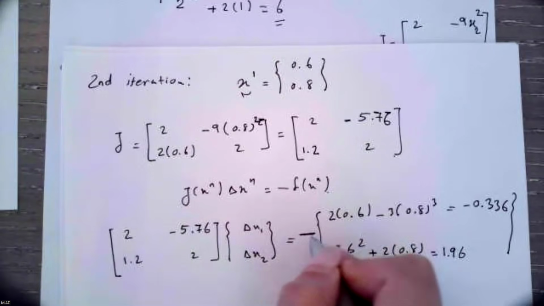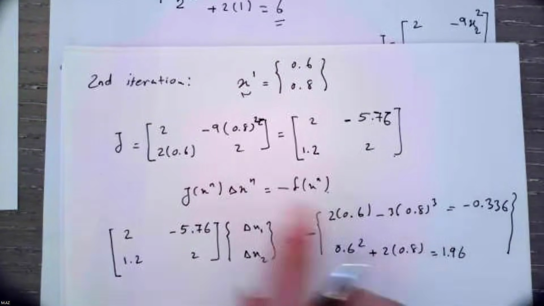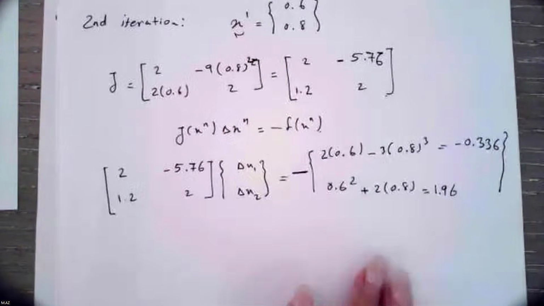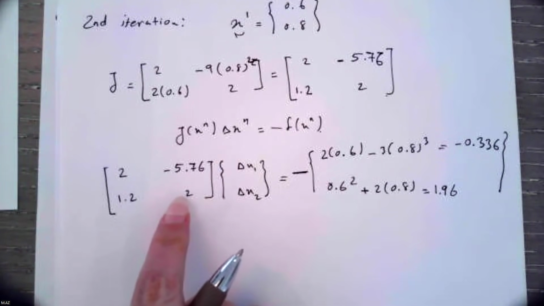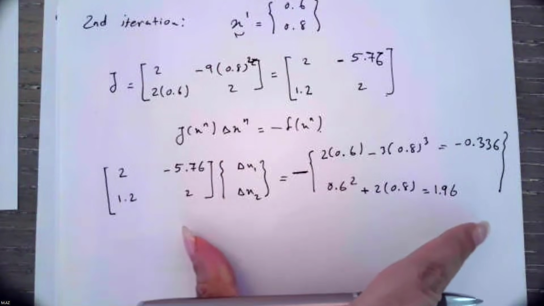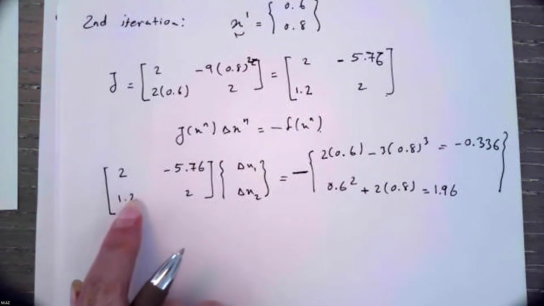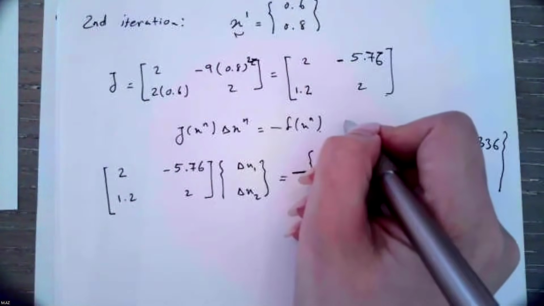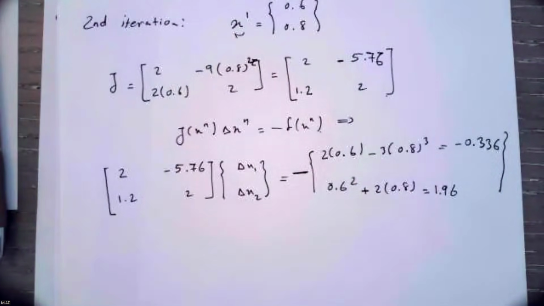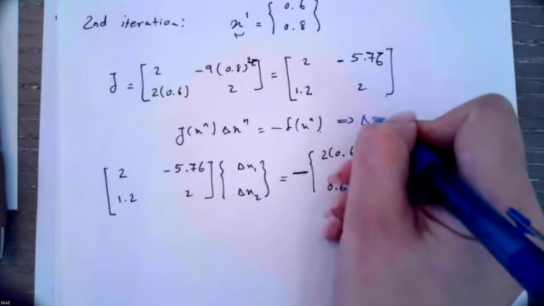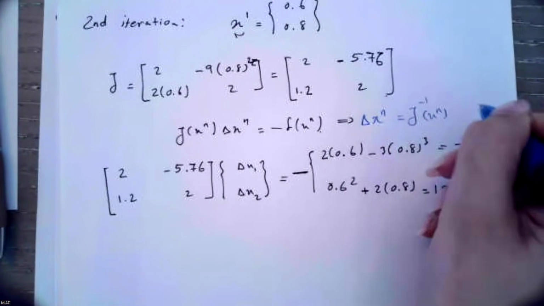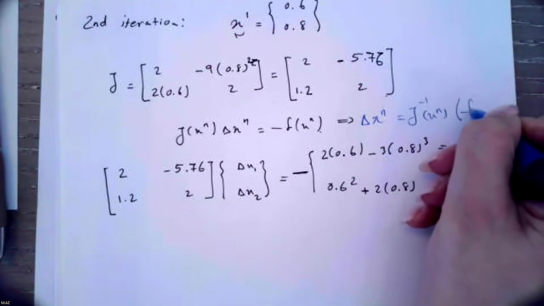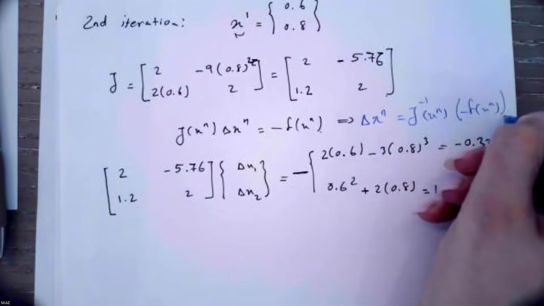Again, don't forget to multiply f of x by the negative. Now we have to find the delta x. For this reason, we need to multiply the whole equation by the inverse of the Jacobian matrix. It means delta xn is the inverse of the Jacobian matrix times negative f of xn.